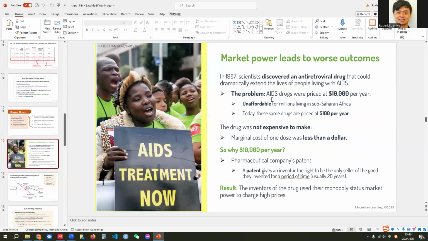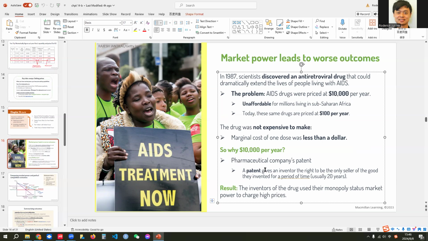Drugs are not expensive to make, but why does it cost so much? Because of patents held by those pharmaceutical companies. A patent gives an inventor the exclusive right to be the only seller of the good they invented for a period of time. And why do we do that?